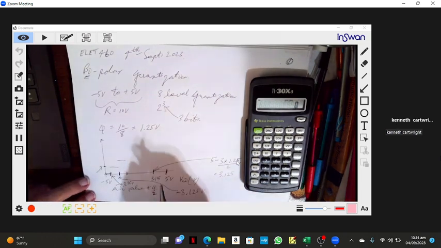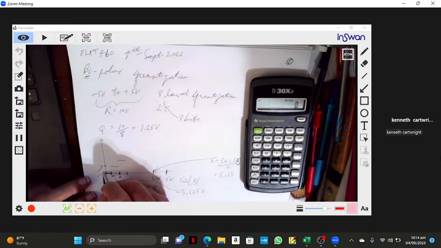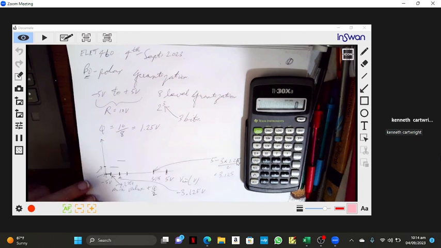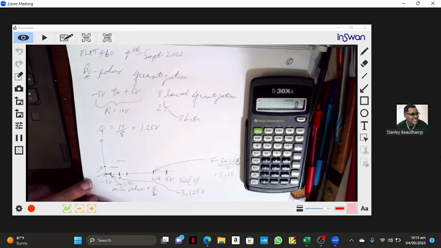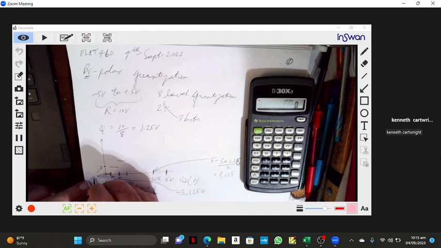All right, let's start easier. What's this point here? 0. No. You thought that's negative 5, right? Negative 5. That's negative 5. All right. So what's the next point?